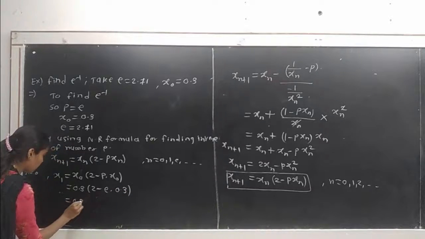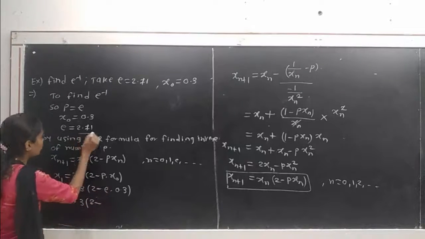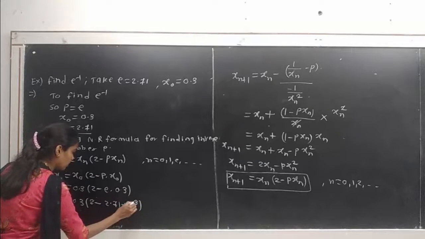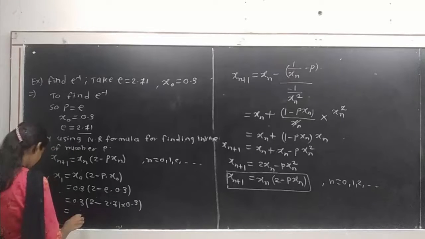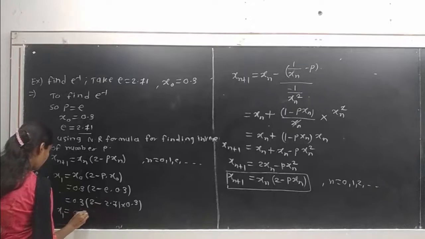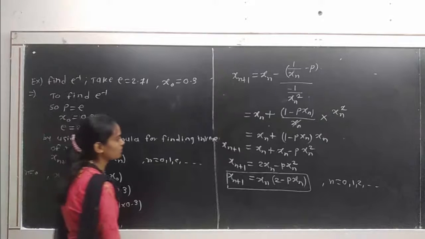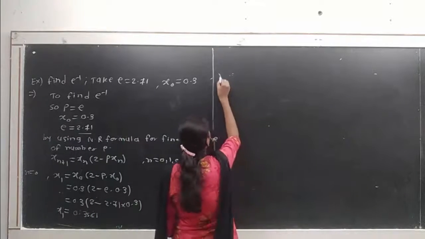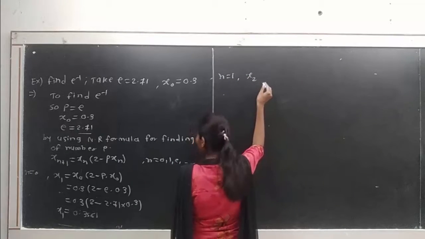Then we put the value of e here, that is 2 minus 2.71 into 0.3, and after this calculation we get x1 is equal to 0.3561.